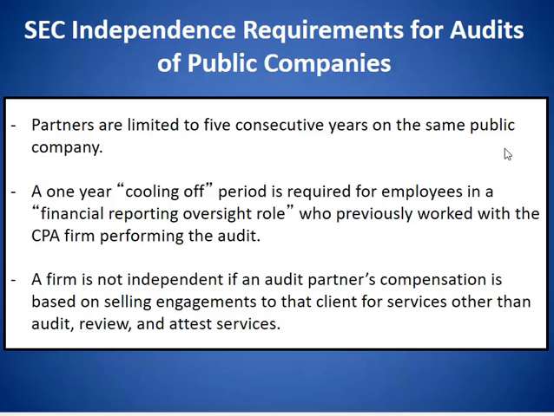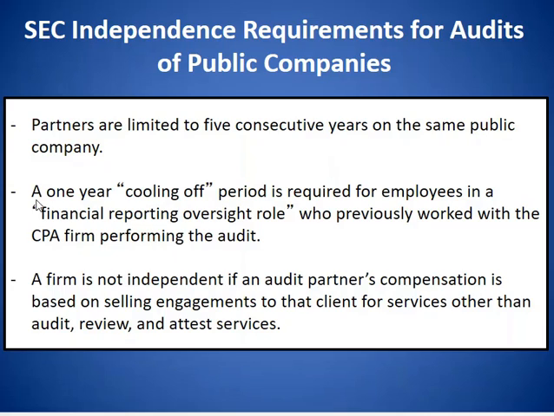Okay, let's go on to the next item. And again, this is part of independence, SEC requirements. On an audit, engagement partners are limited to 5 consecutive years on the same public company. After that, they have to rotate off.